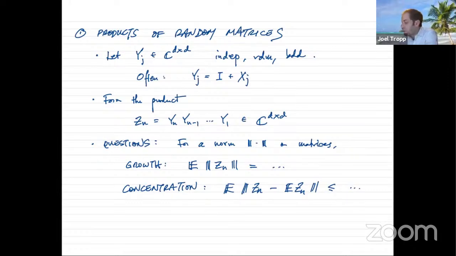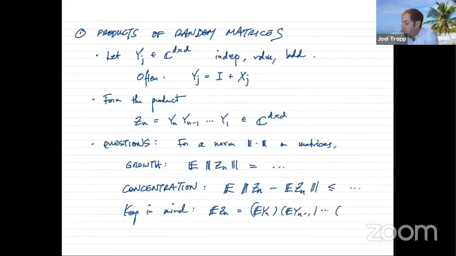And because expectation is linear, you should keep in mind that the expectation of the product Zn is simply the product of the expectations of the individual factors, because we're assuming that everything's independent here. Okay. So these are questions that we might like to address.